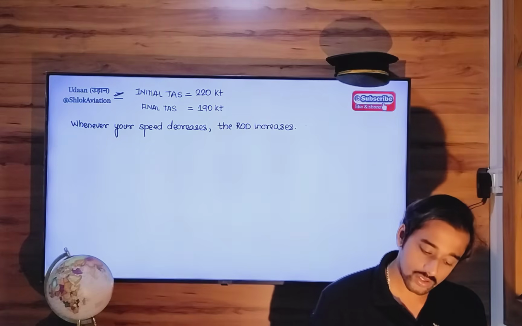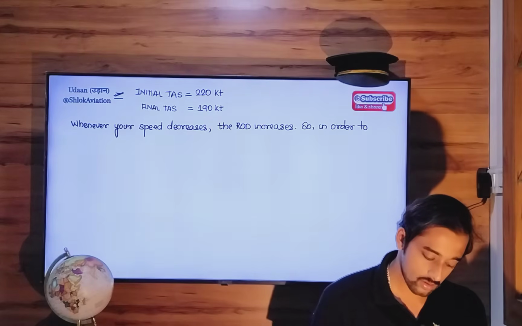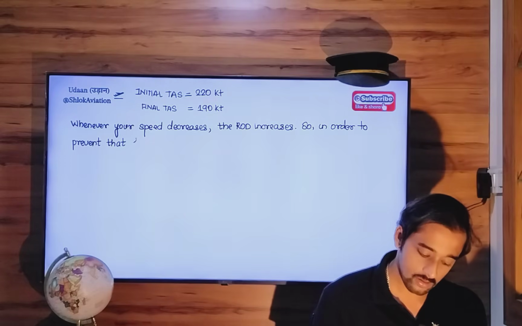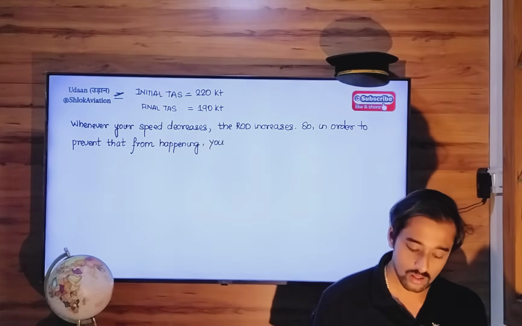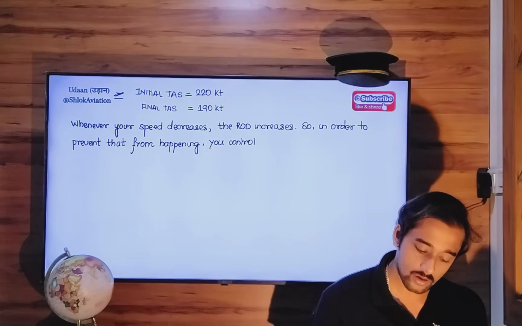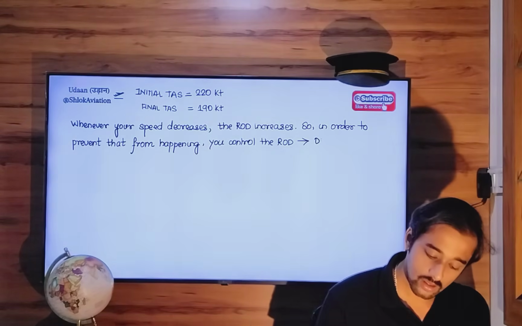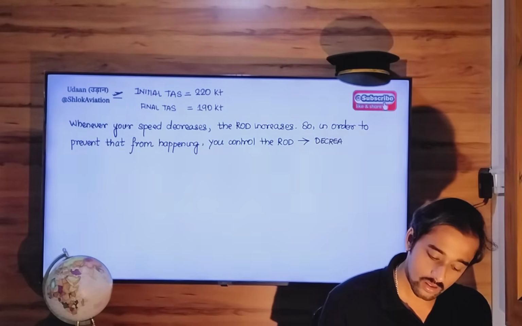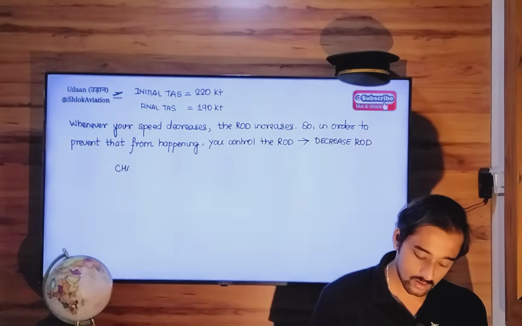In order to prevent that from happening, you control the rate of descent, meaning what you actually do is you decrease the rate of descent.